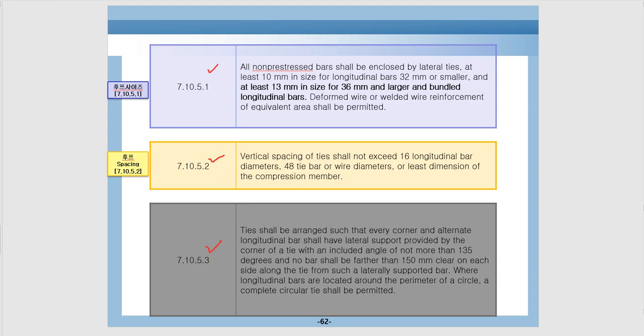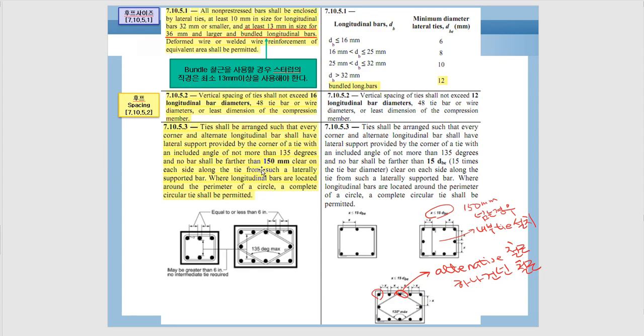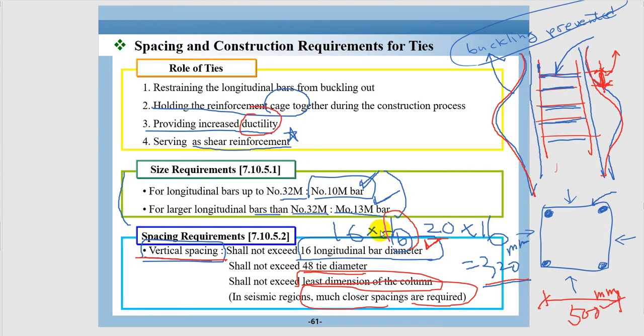And let's explain here; we have more comments on the code requirements. 7.10.5.1 we just explained: the minimum diameter of the lateral ties. We have explained it here, right? So this is 7.10.5.1. So go back here and study this very well.